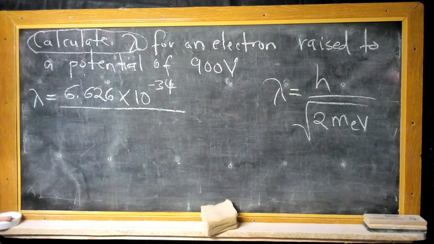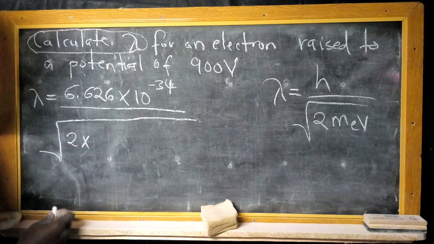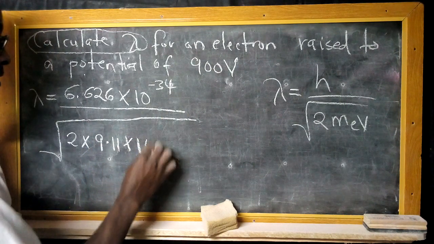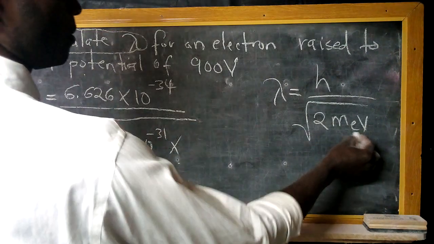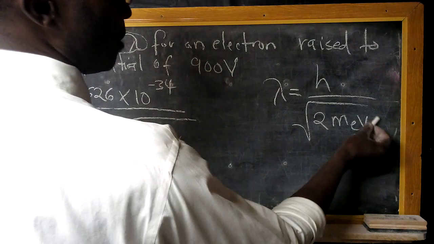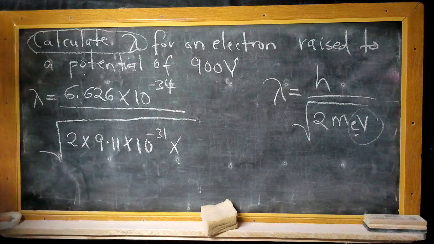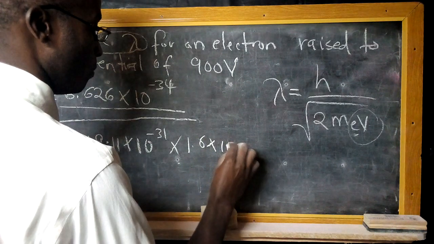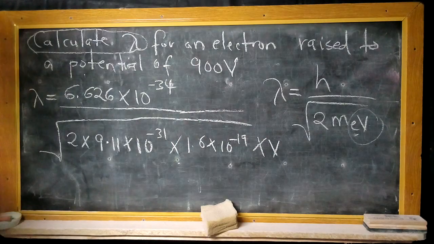So we're going to use this, divided by the root of 2 times the mass of the electron, 9.11 times 10 raised to power negative 31 kg, times e, which represents the charge. The combination of these two represents the energy of that electron in its potential difference V. So e is the charge, 1.6 times 10 raised to power negative 19 coulombs, the charge of an electron, times V, which is the potential.